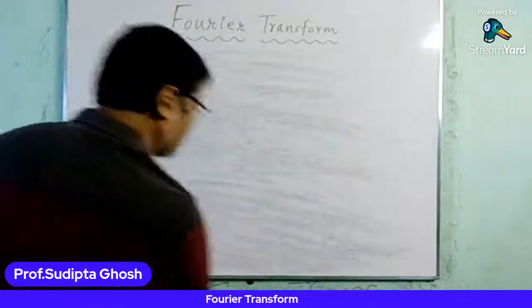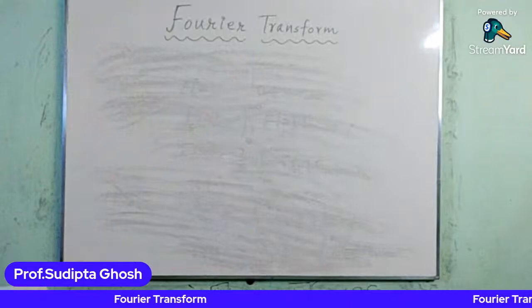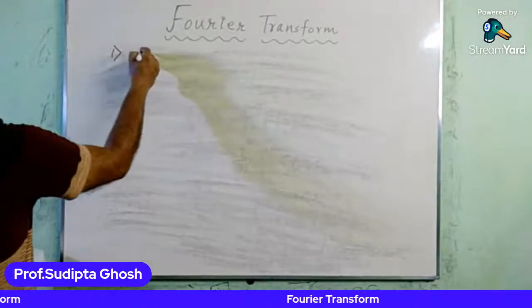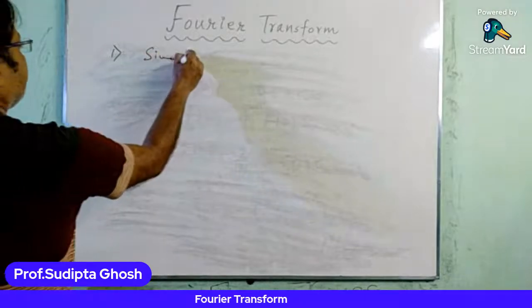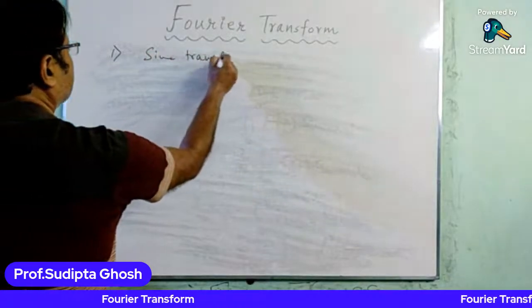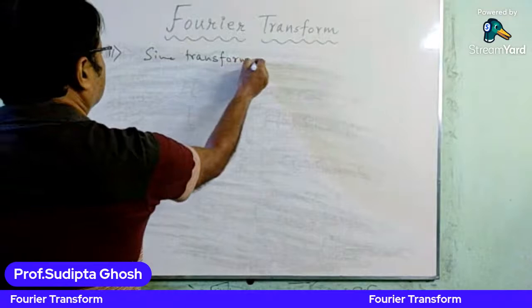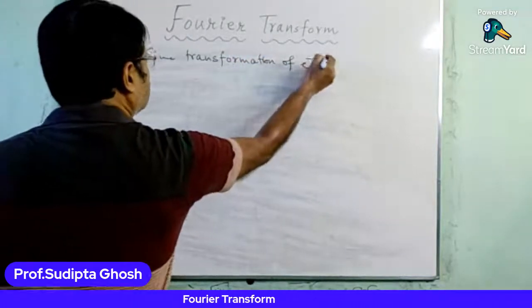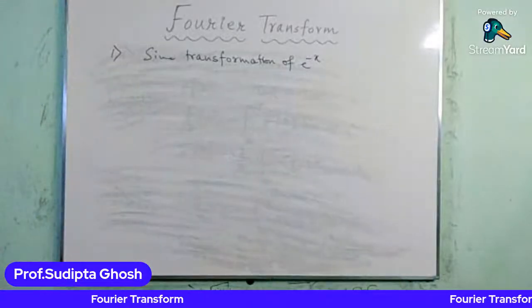Firstly, find the sine transformation of e to the power minus x.